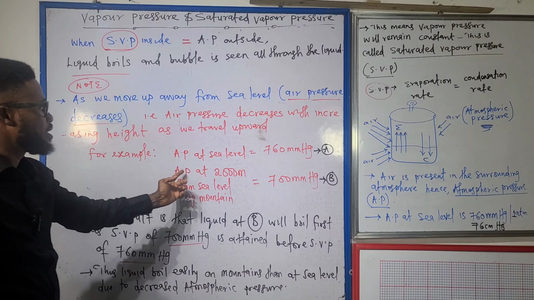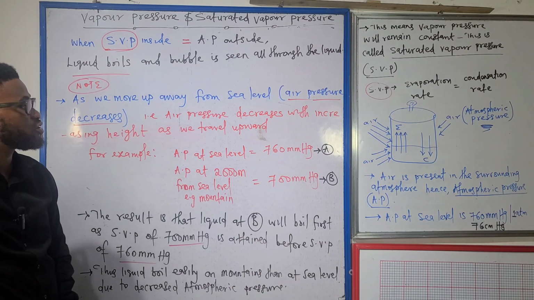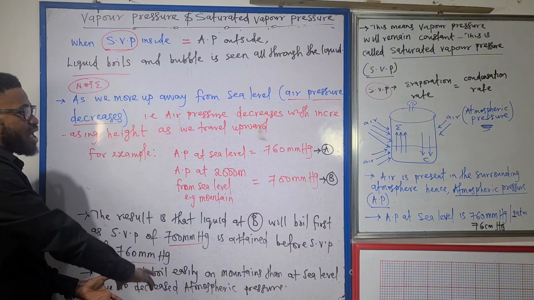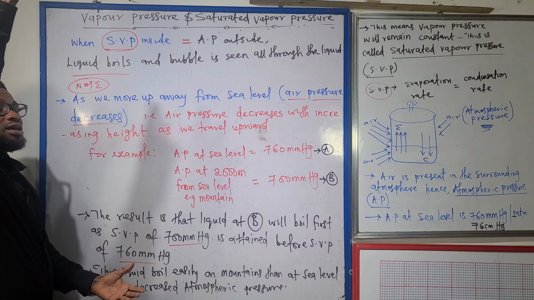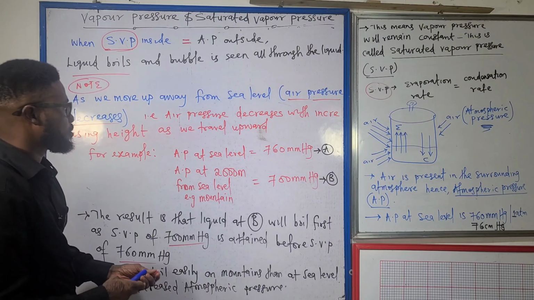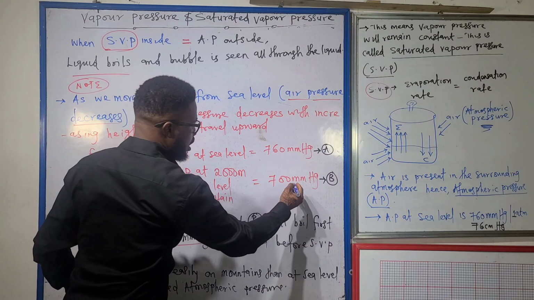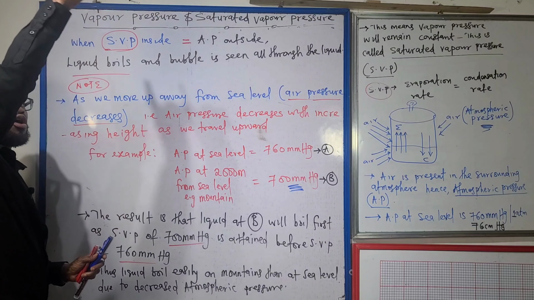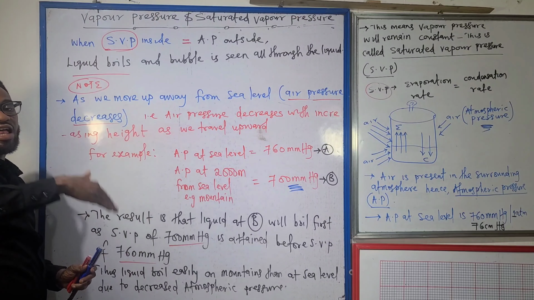For example, at sea level, our atmospheric pressure is 760 millimeter mercury. But imagine we have traveled to about 2,000 meters to the top of a mountain. At that point, the atmospheric pressure may have decreased to about 700 millimeter mercury. So the farther up we go, the lesser the atmospheric pressure.